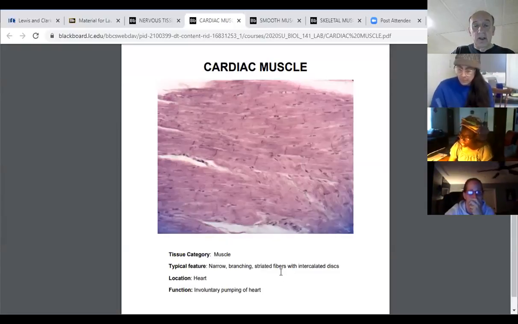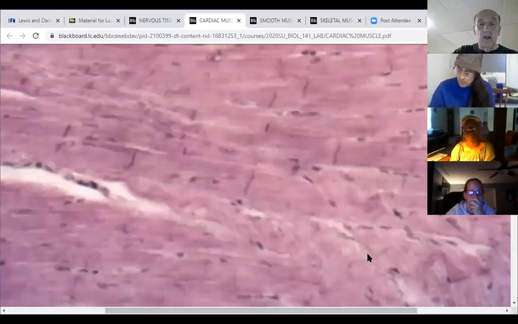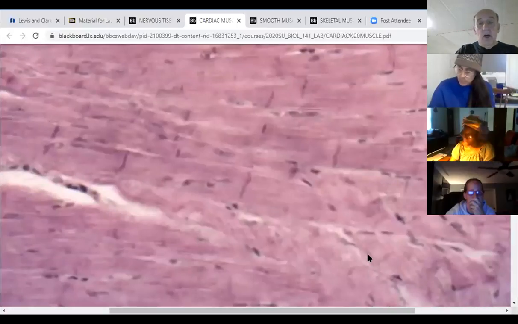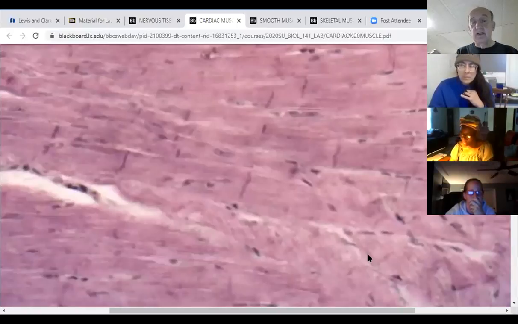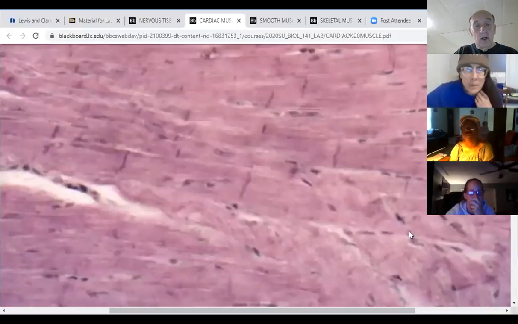Let's take a look at a zoomed in view, and we are looking for intercalated discs. They are visible. So let me see if I can zoom in here. The muscle cells have three-dimensional branching, and so the individual cells no longer show up very crisp like the skeletal muscle. But here's one muscle cell.